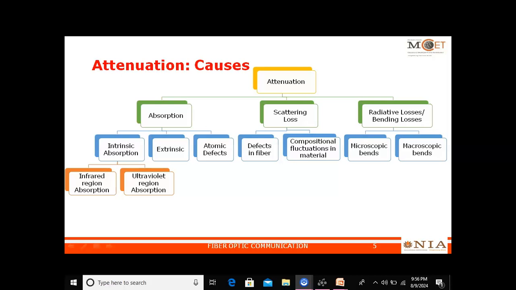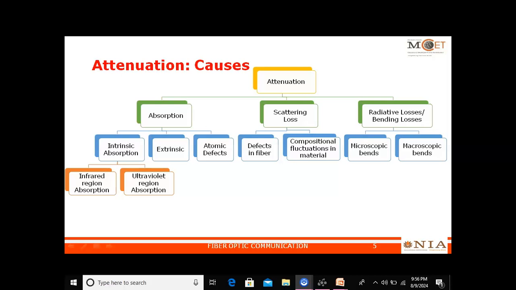When we compare with lower order modes, the electric field distribution is very small in higher order modes, so they are not able to follow the bending. So there is a possibility of signal loss. That is called macroscopic bending.